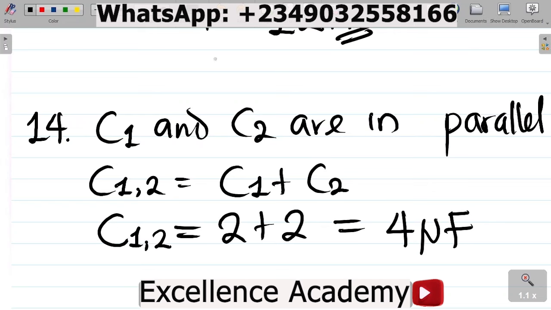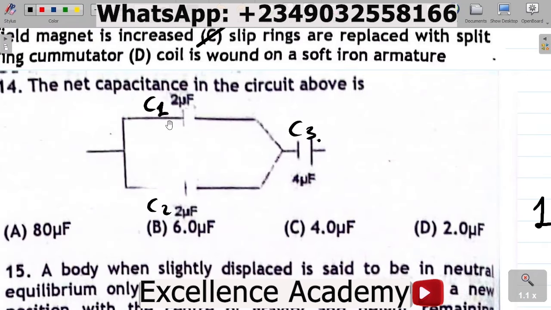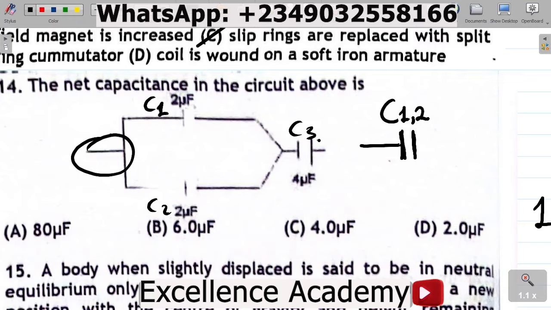Now, this 4 microfarad here, if you resolve these two, you'd have it like this. So starting from this end, you have the value of C12, straight like this. You have C12, which is 4 microfarad. That's these two resolved.